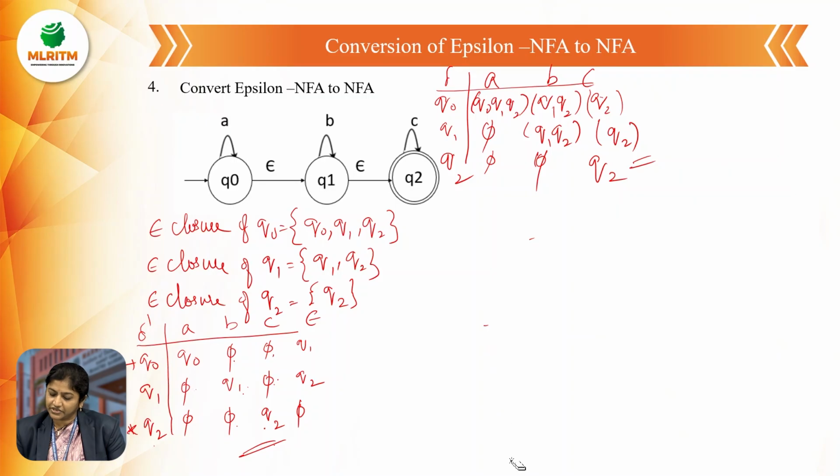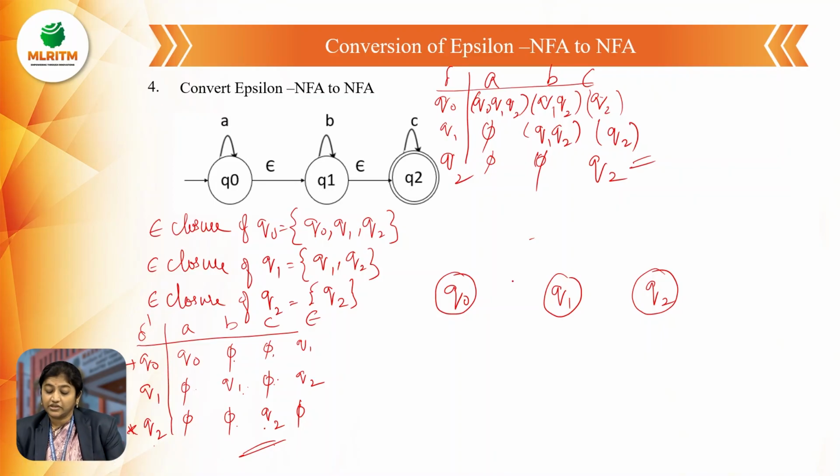How many states are there here now again? Three states. I'll draw q0, q1, q2. q0 on A, where is it going? q0 also, q1 also, q2. See here in the NFA, what was the final state? q2.